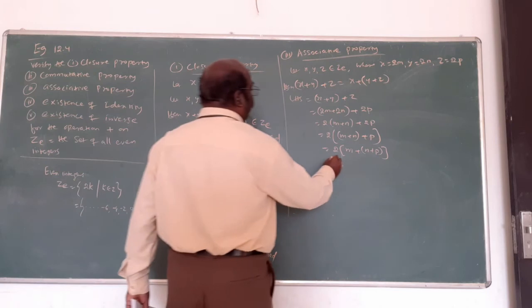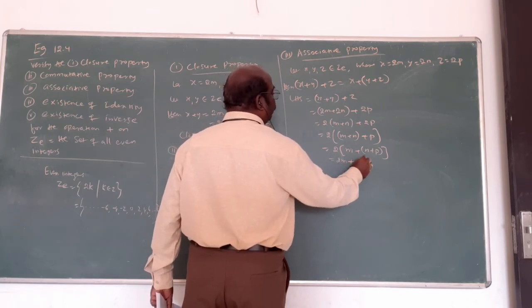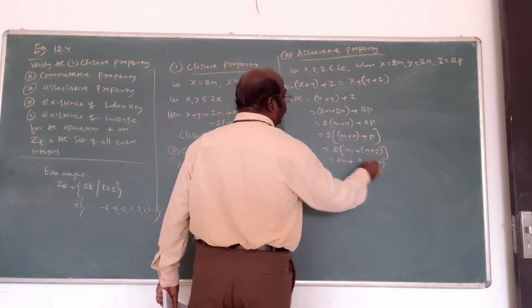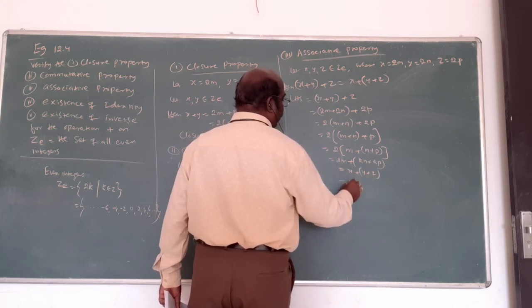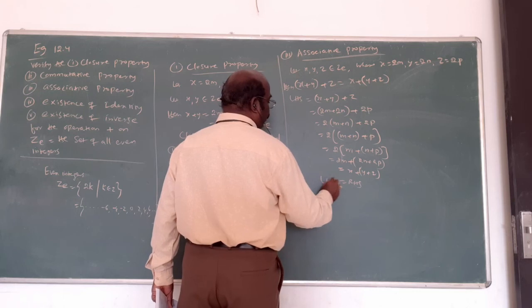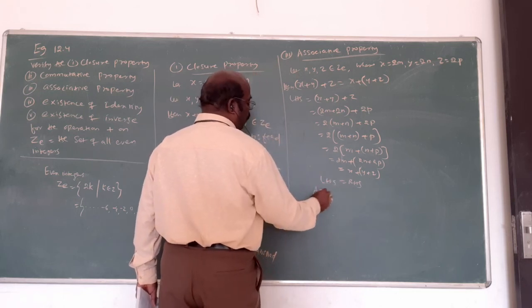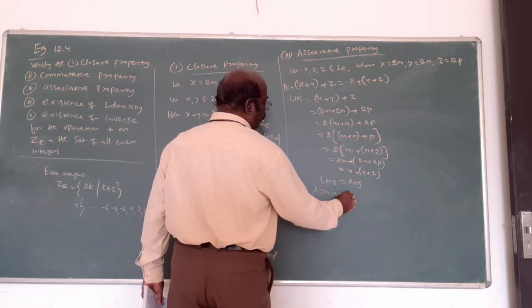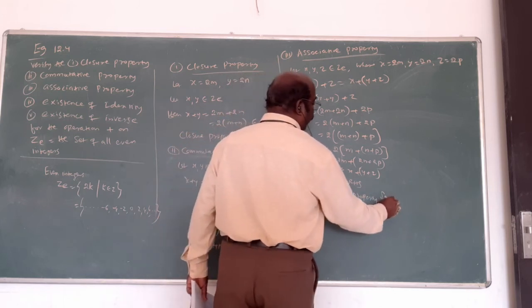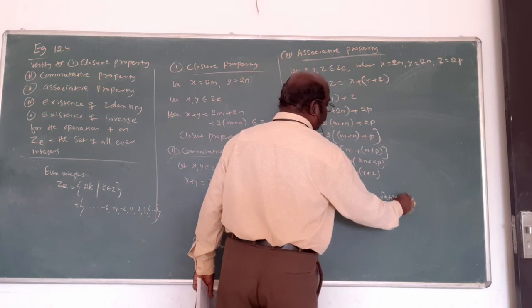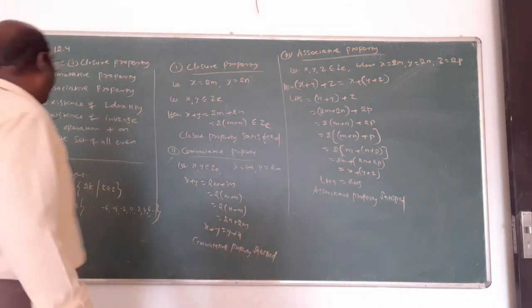That's why now multiply, that is the answer: x plus (y plus z). Am I right? Therefore, associative property satisfied. That's all.